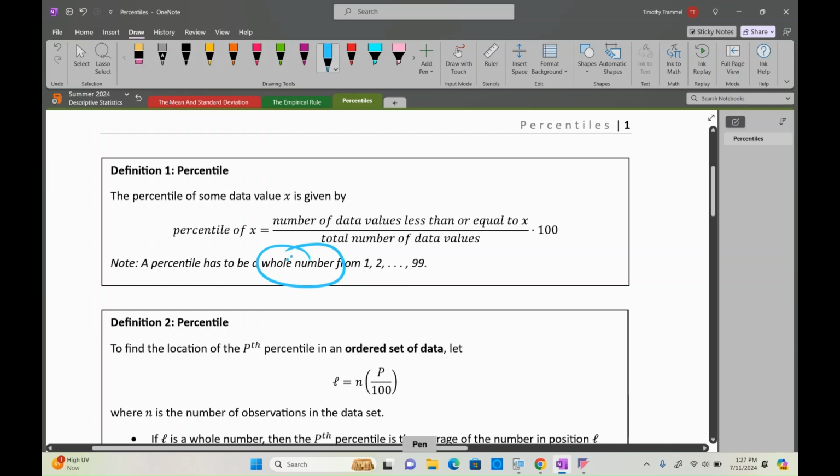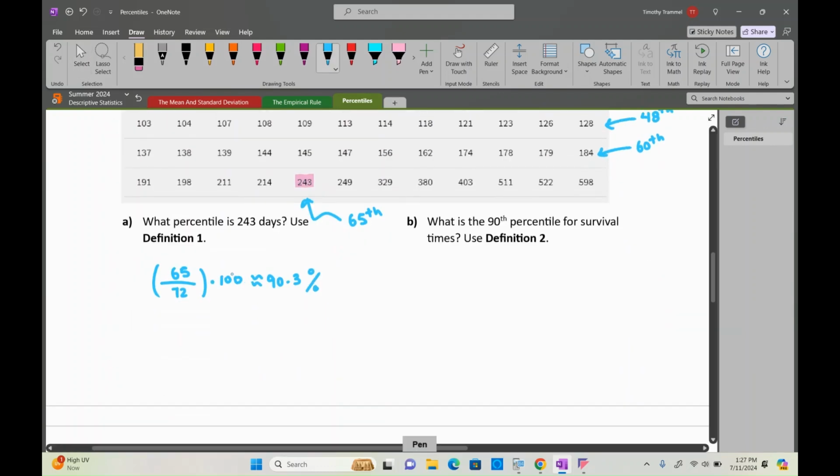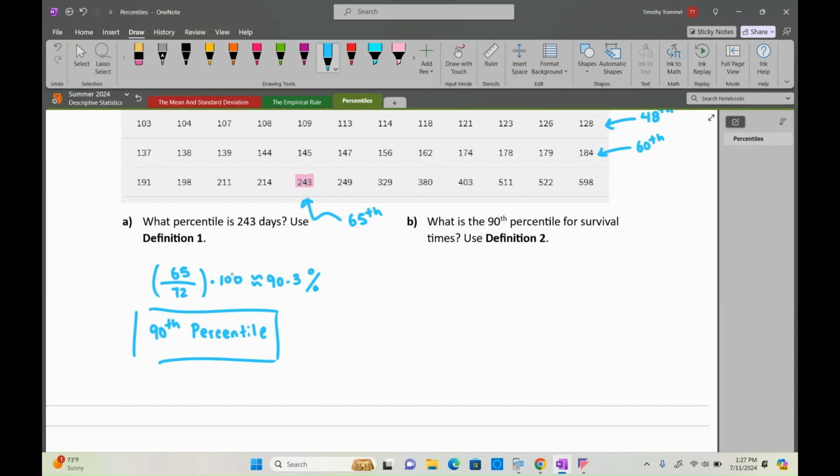So that 90.3 we want to round to the nearest whole number. So I'm going to say that this is the 90th percentile. Definition one is pretty good when we're given a number and want to identify its percentile. Definition two is going to be good for going in the opposite direction.